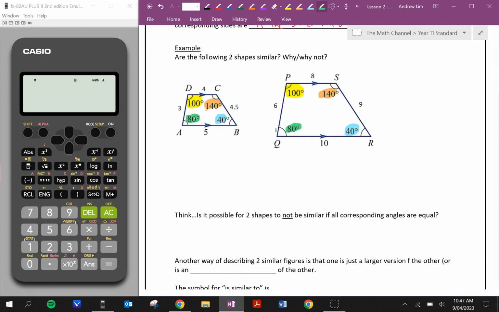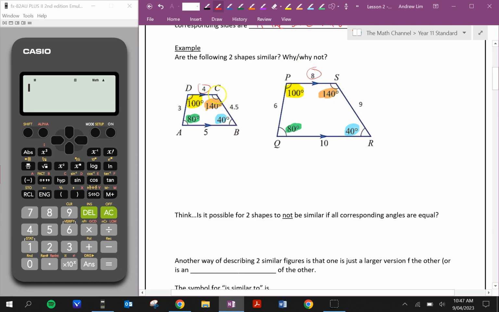So what can we also tell from this? We can also tell that all the corresponding sides are in the same ratio. If we want to work out the ratio, we take the biggest corresponding side and divide it by the smallest one. So here we can see PS corresponds with DC, 8 divided by 4 is 2.